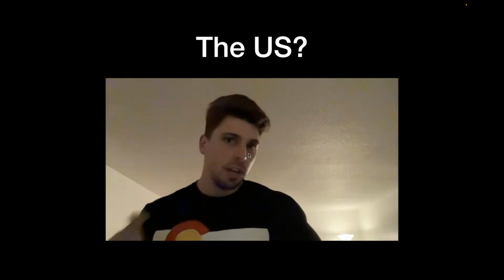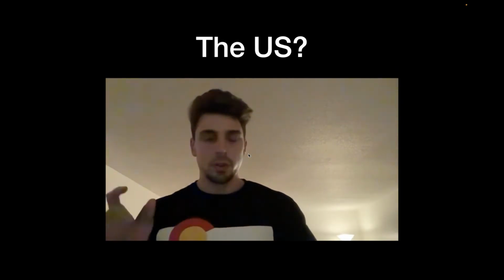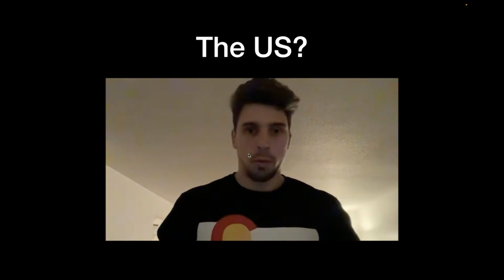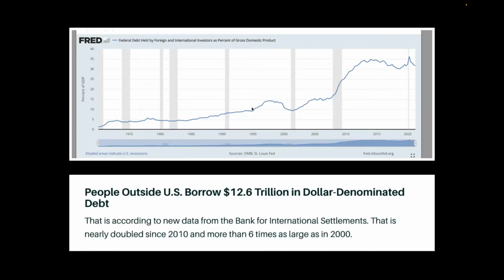And when you look at the US in particular, things will start to make a lot of sense. So we'll go through some charts here. Because the US is the world's reserve currency, it has a special place where, in international trade, two countries will trade with each other with US dollars.